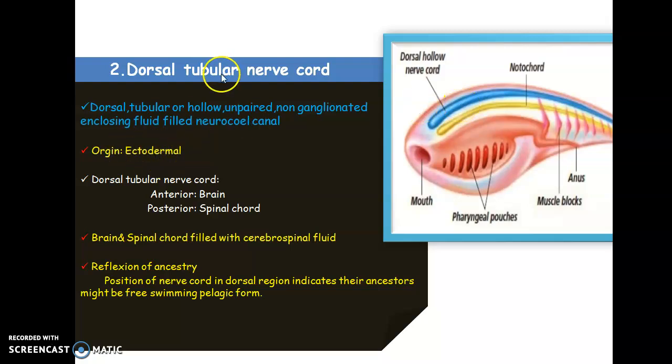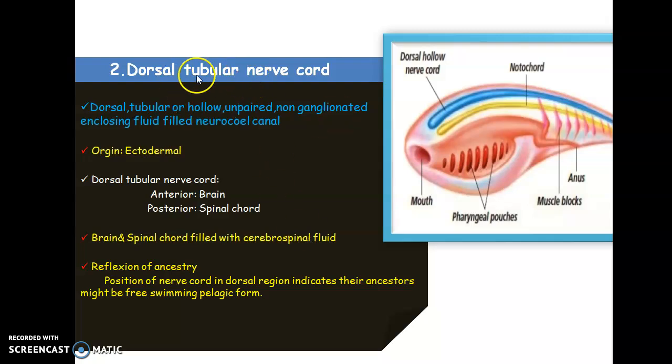From ectoderm, this dorsal tubular nerve cord is formed. Then actually this structure gets anteriorly differentiated into brain and posteriorly differentiated into spinal cord. So brain and spinal cord constitute what? Dorsal tubular nerve cord. And this brain and spinal cord is filled with what? Cerebrospinal fluid.